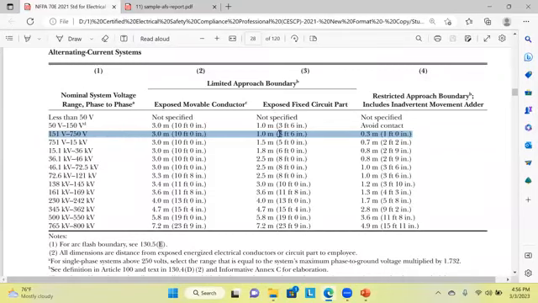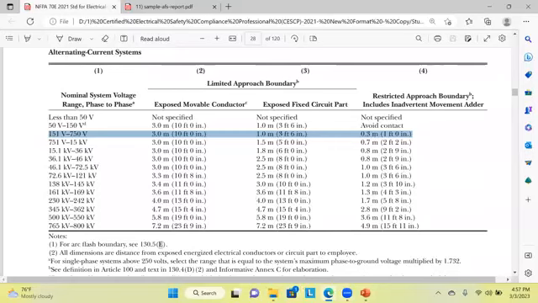Here the limited approach boundary is 3 feet 6 inches, and the restricted approach boundary is 1 foot. And the arc flash boundary is 19 inches. So that means the arc flash boundary will come within the limited approach boundary as well as within the restricted approach boundary. So the concept that the arc flash boundary will always be the outer boundary is not correct.